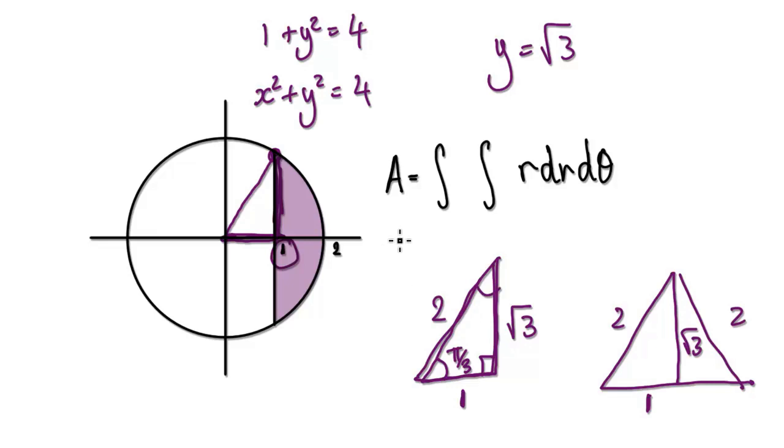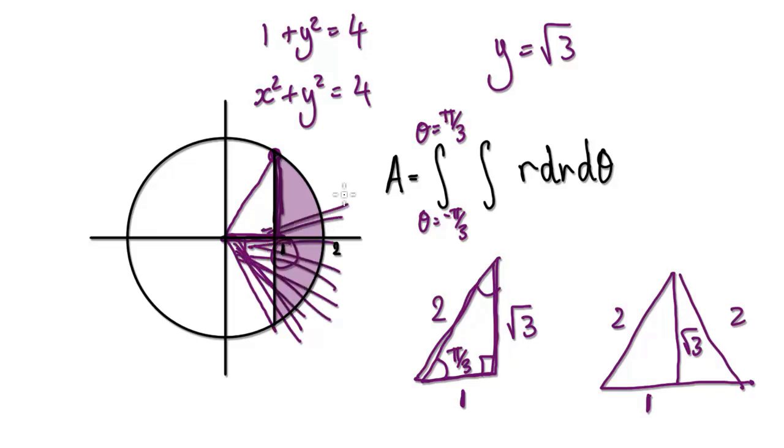We are really integrating from an angle of negative pi over 3 to an angle of positive pi over 3. So we're scanning through like this from negative pi over 3 to positive pi over 3.